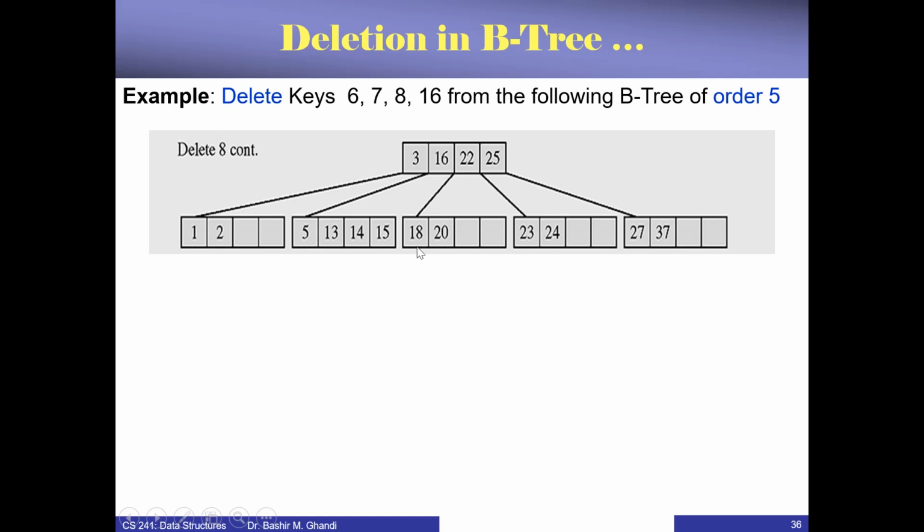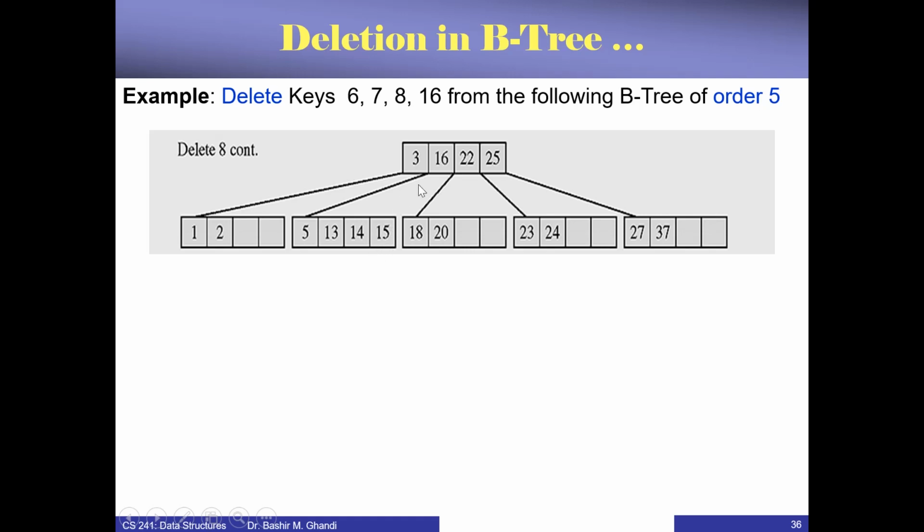Now in this case, it doesn't make sense to swap with the successor, because after you swap, you're still going to delete and we will be left with one key, and that is not allowed. So you have to do another process to solve that problem. But the node containing the predecessor is a full node, so we can borrow from it without creating any problem.